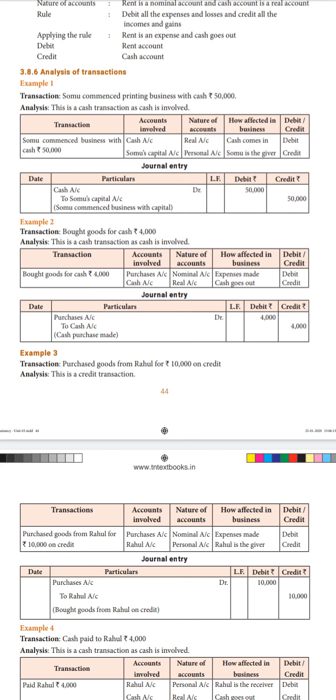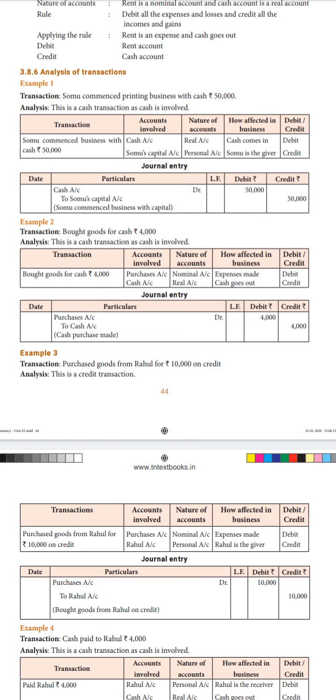As per the personal account rule, debit the receiver, credit the giver. Here, Somu is the person giving the cash to the business, so Somu is the giver. As per the rule for personal accounts, we have to credit Somu's capital account.